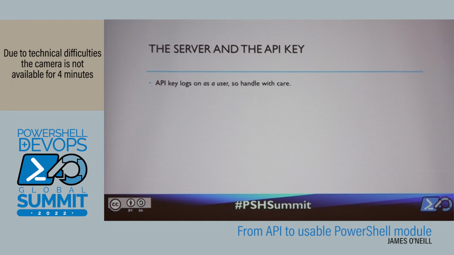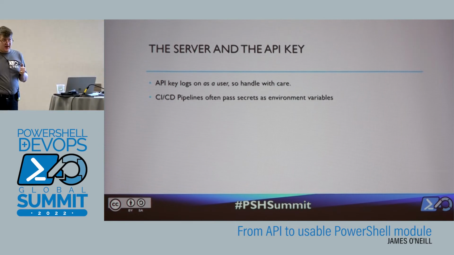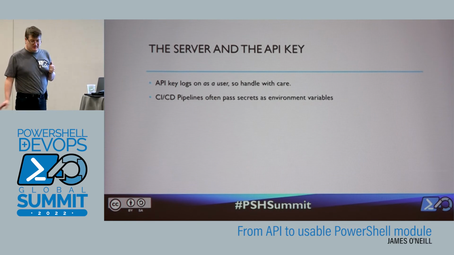I mentioned, but I'll just reiterate what I said before. The API key logs on as a user, so you need to treat the API key with a little bit of respect. A lot of CI/CD pipelines like to put the username and password and other secrets into environment variables, and I've got in the habit of doing that.